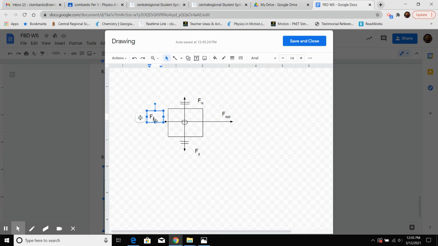And then we have F sub F for our friction force. This is greater in magnitude than this one. So the net force is going to be in this direction, whatever the difference between those two values is, meaning it's going to accelerate to the right.